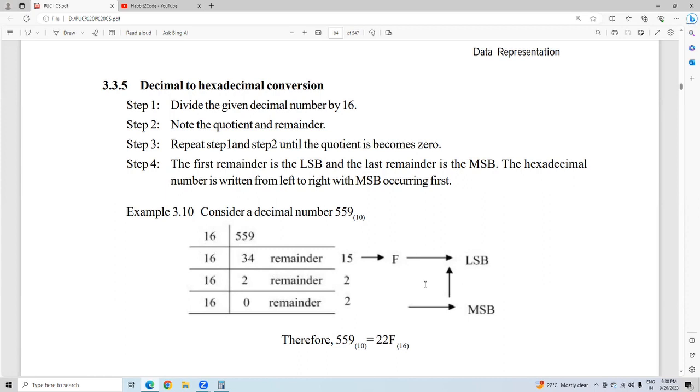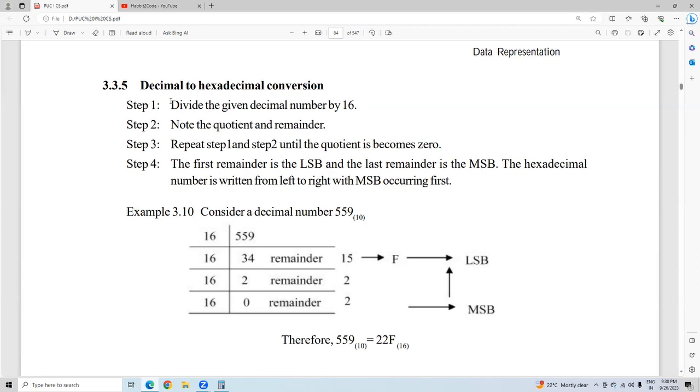When it is reverse, like binary to decimal, multiplied by 2 and giving the powers. Similarly octal to decimal means multiplied by 8. Then hexadecimal to decimal means multiplied by 16. Right? This procedure only you have to use.